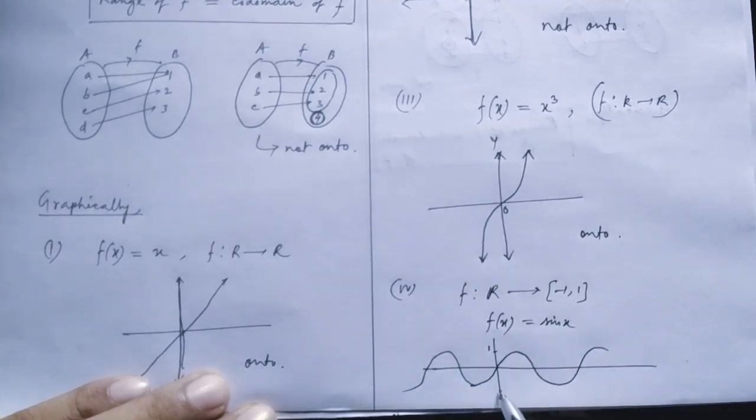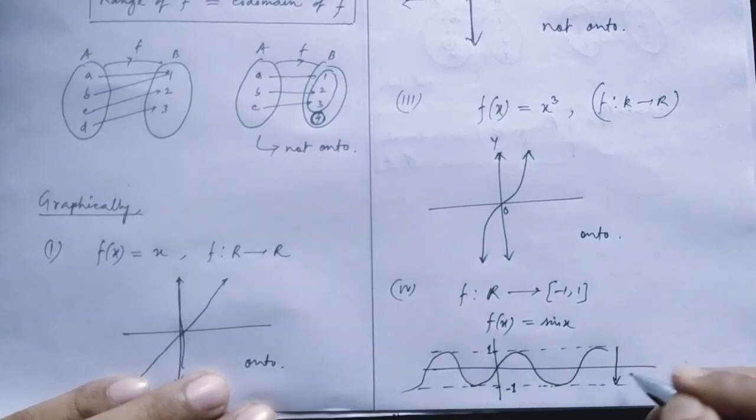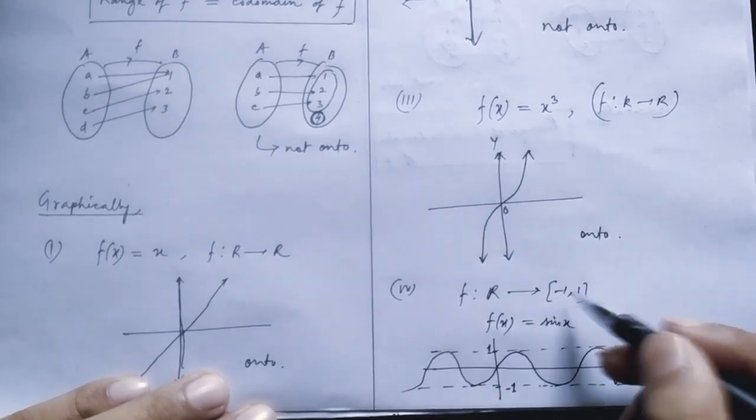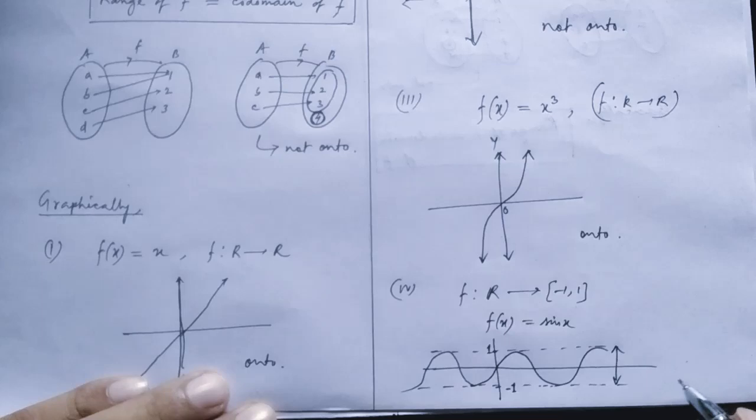This point is 1 and this is minus 1. Here the range portion is this, so range is this, and the codomain is also minus 1 to 1, so this is an onto function.